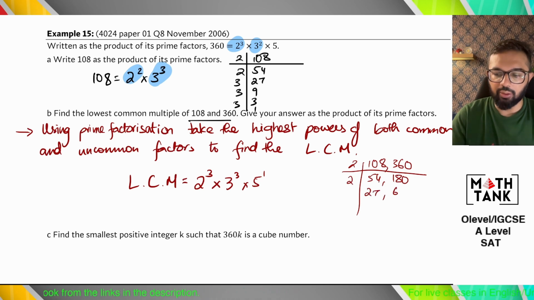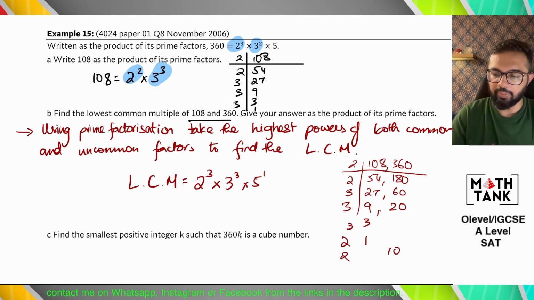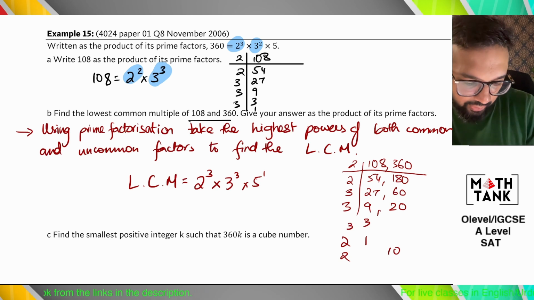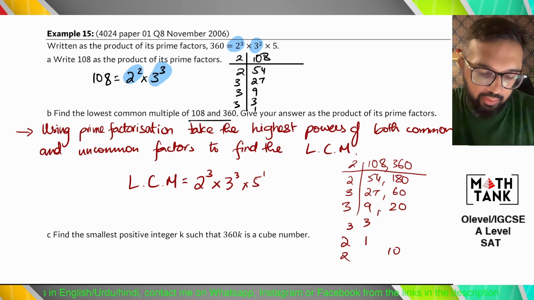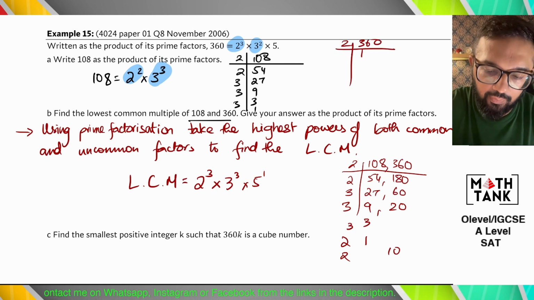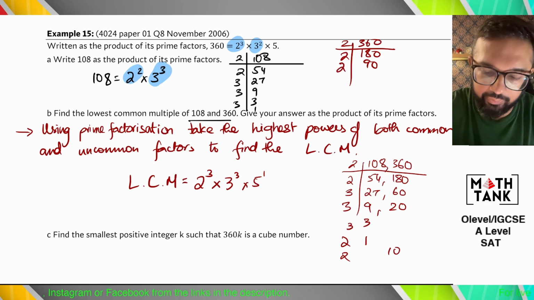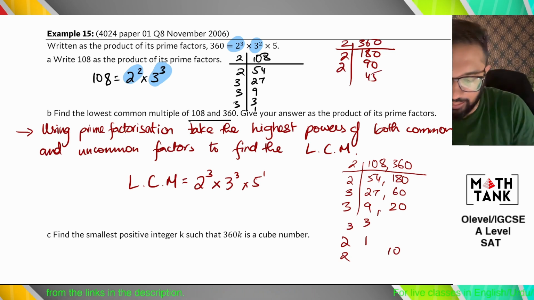So I keep dividing by the common numbers first. I run out of common numbers, so I divide by the uncommon numbers now. 3 times 3, 3 times 1, 2 times 10, 2 times. I think I have an extra 2 somewhere. 360 is written correctly, so I made a mistake somewhere.